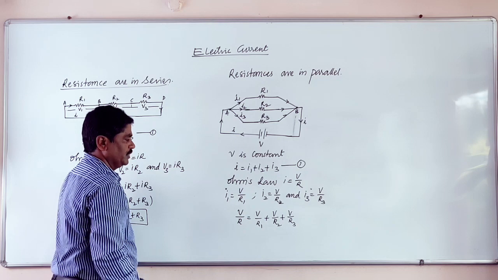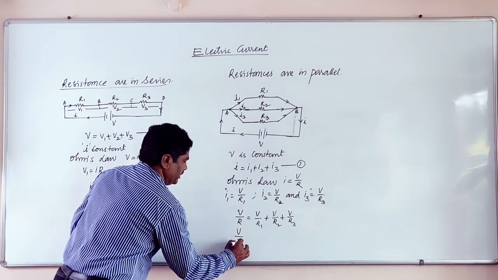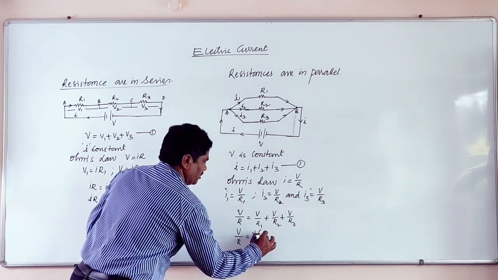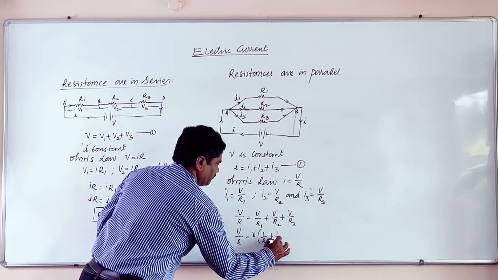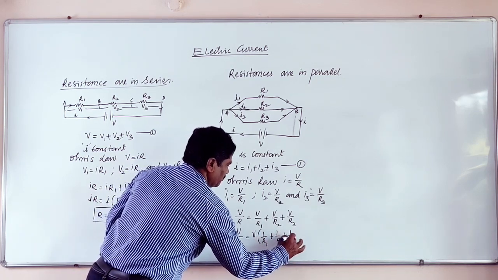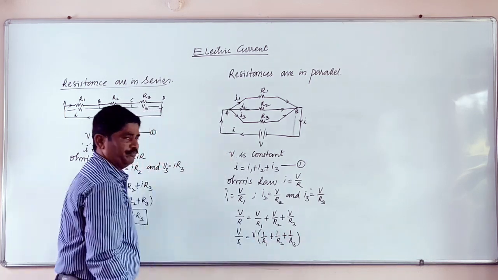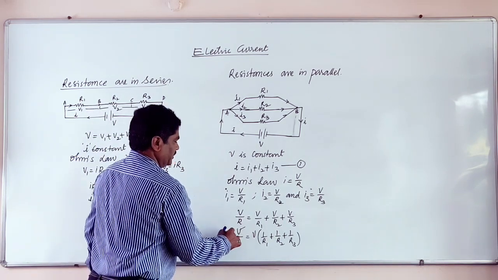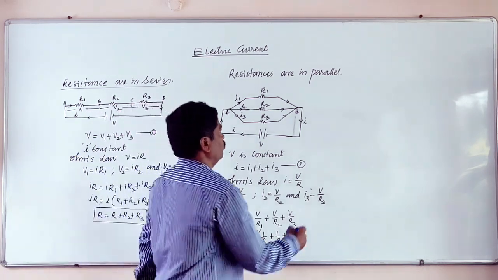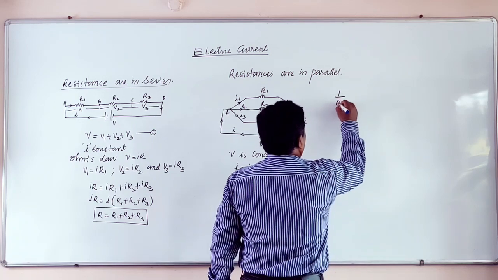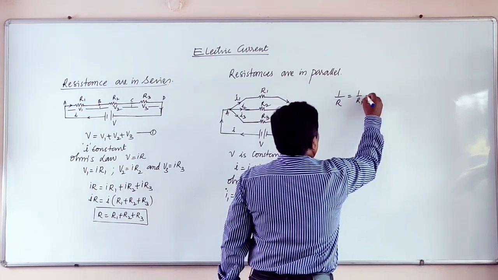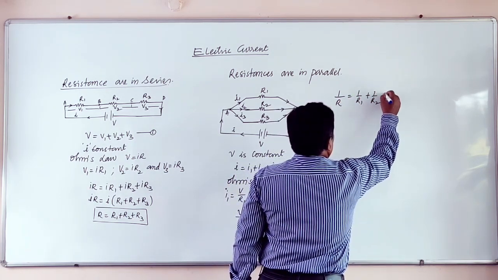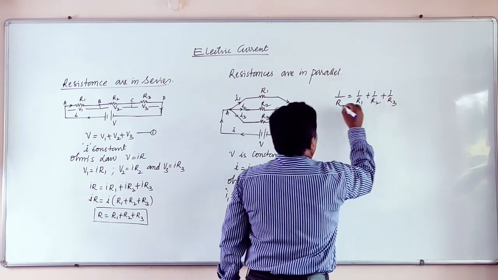Now, taking V common, V by R is equal to V times (1 by R1 plus 1 by R2 plus 1 by R3). By cancelling V on either side, we can write 1 by R is equal to 1 by R1 plus 1 by R2 plus 1 by R3.